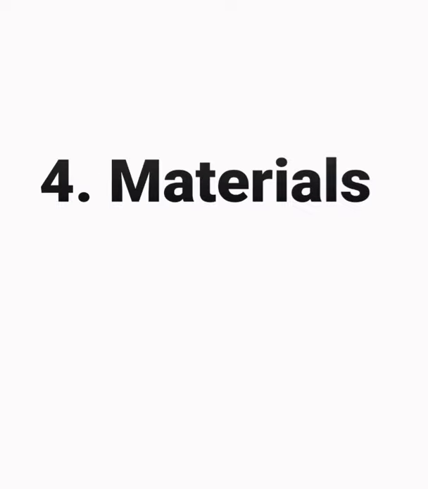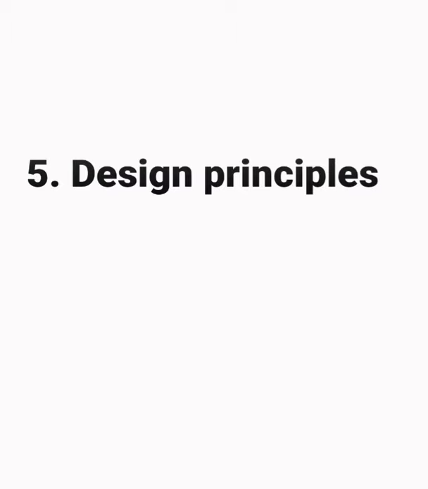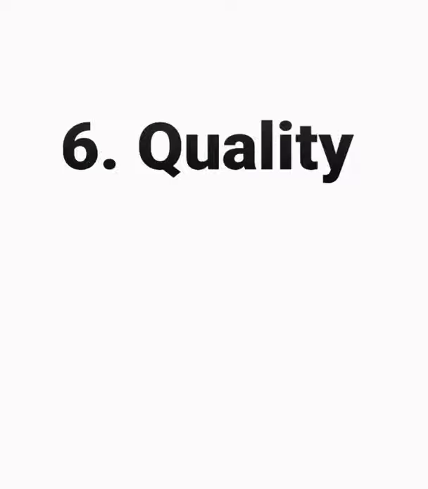Materials, the surfaces or substrates that visual communications are applied to or constructed from. Design principles are accepted conventions associated with arranging or organizing design elements. And then quality refers to the originality, freshness, impact, simplicity. So please read on these tools on page 7 of your study guide.